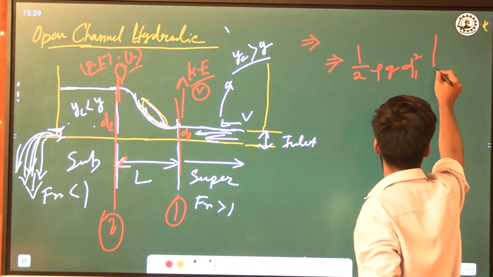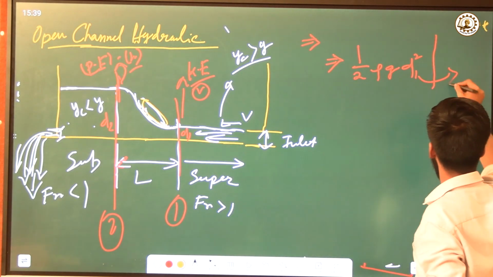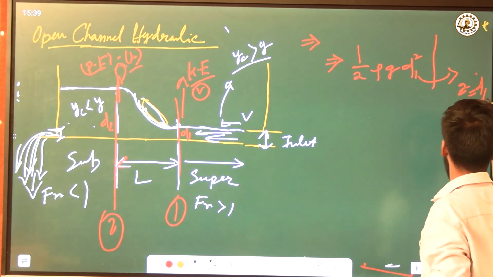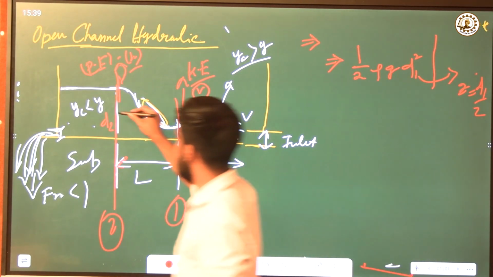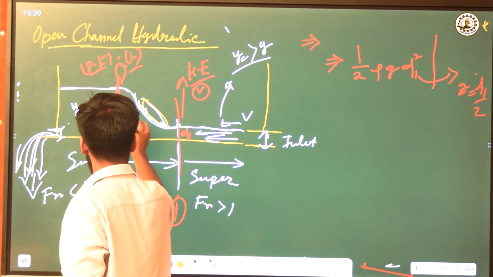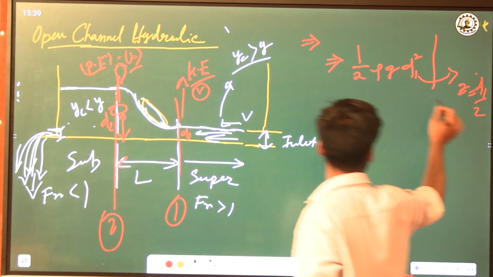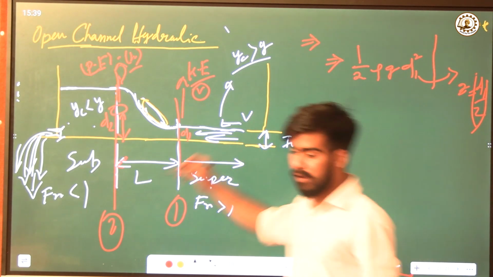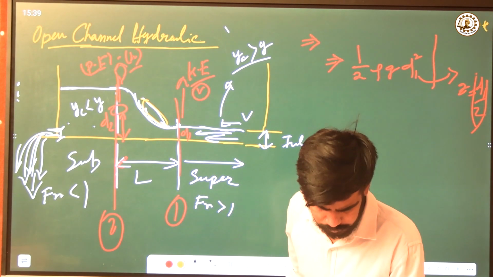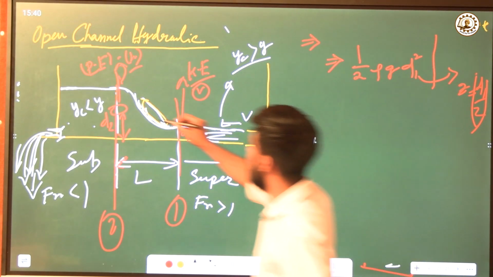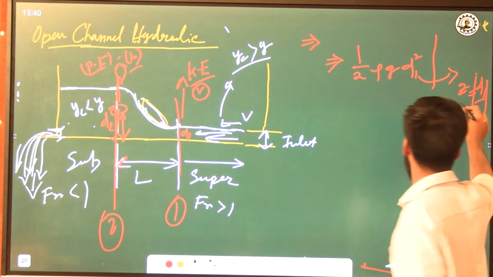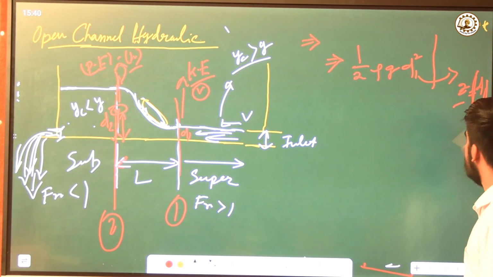there is a term z, which is d1 by 2, which is the centroid. The depth of the centroid of the area from that section is called the z, with the value d1 by 2.